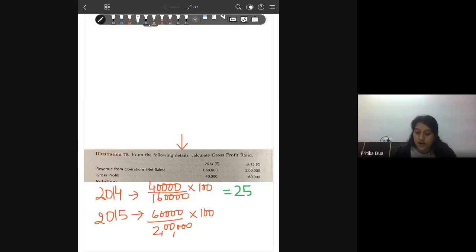Yes, absolutely right. First is 25%, second is 30%. So when you are concluding the answer, you can say that there has been a 5% increase in the gross profitability of the business from the year 2014 to 2015. So gross profit has increased by 5% over a period of 1 year. This shows that the firm is operating efficiently.